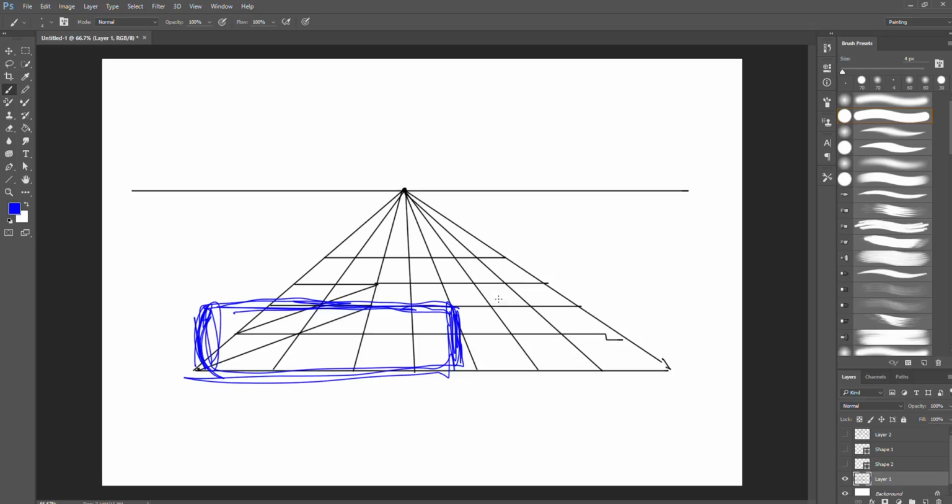And I want to sit that back into space. Well, I can just count. Actually, I should probably finish. All right, so I realize I didn't give myself 4 rows of squares. All right, so I can count back 1, 2, 3, 4 squares and know that that's the space that that object should occupy.